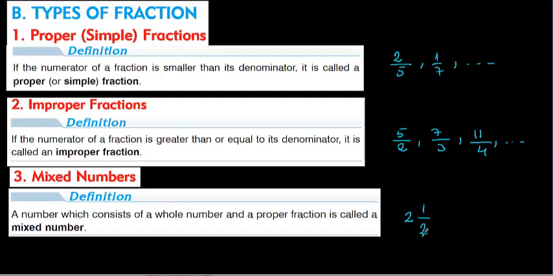So 1.5 we can use, or 1 and 1/2 we can use here. 2 and 1.5, or 3 and 4/7 we can use, or 5 and 2/7 it can be.